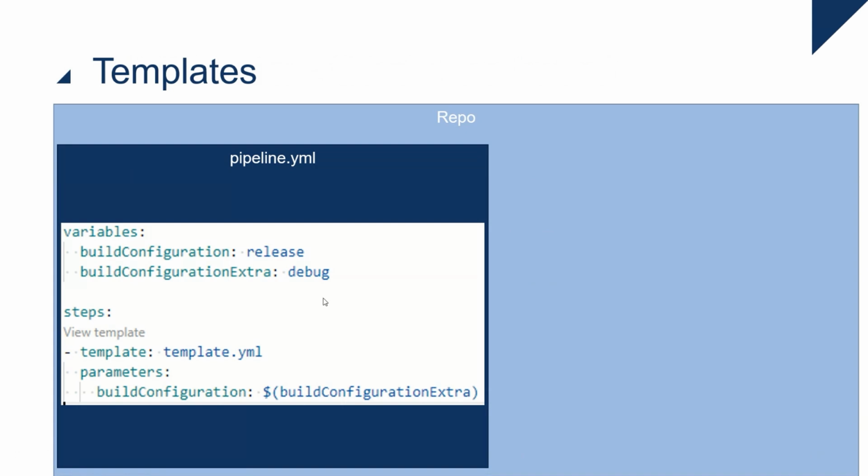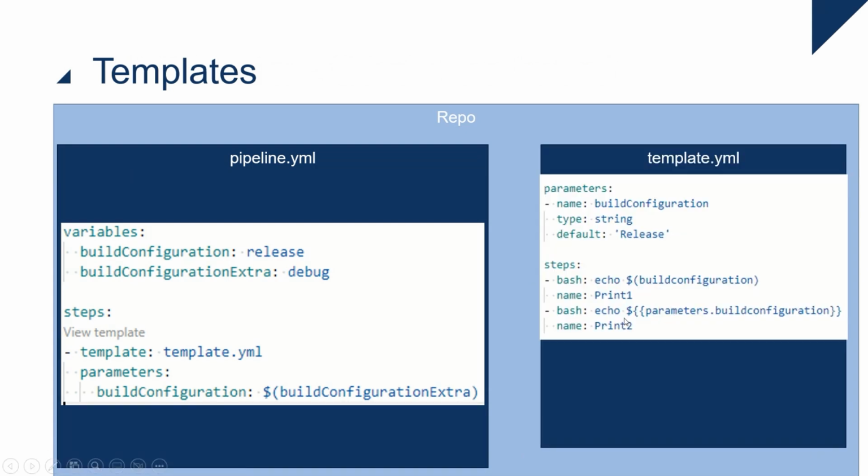Because if you start working with templates, I think the idea is clear, right? With templates, you have a piece of steps or jobs or stages that you want to reuse. And one of the concepts that Azure DevOps specifically has is the difference between compile time parameters, which is like with this syntax, and runtime parameters.